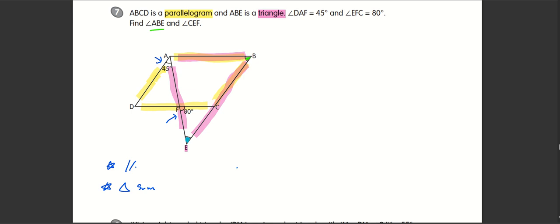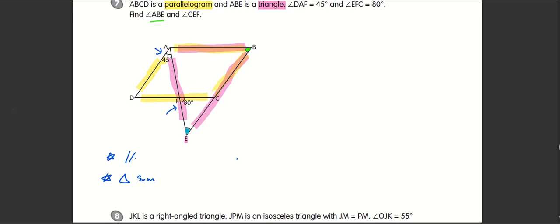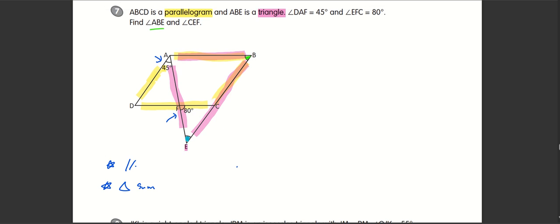And here 80 degrees, and I'm going to erase some of the lines here, leaving just these two. Can you see what property I'm going to use here?